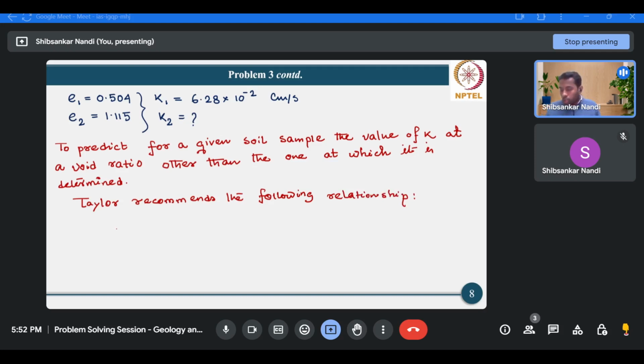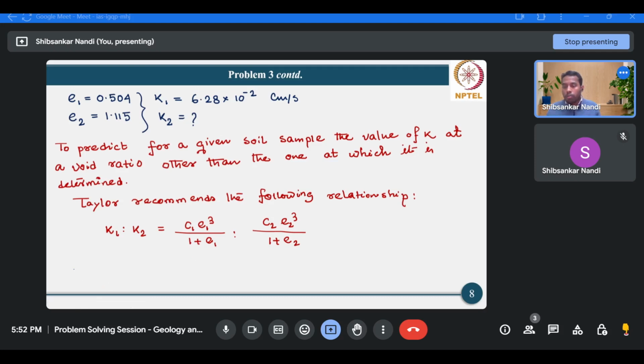Okay, so Taylor recommends the following relationship: the ratio of these two hydraulic conductivities, K1 to K2, is C1 E1 cube divided by (1 plus E1), over C2 E2 cube divided by (1 plus E2). Now what are these C1 and C2?